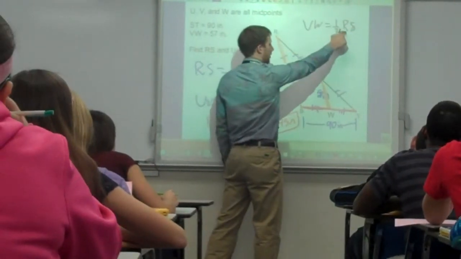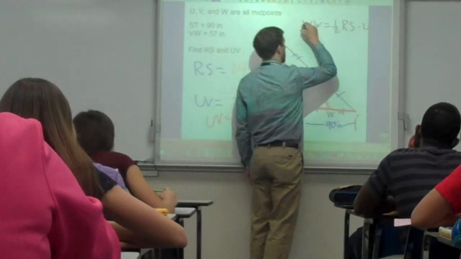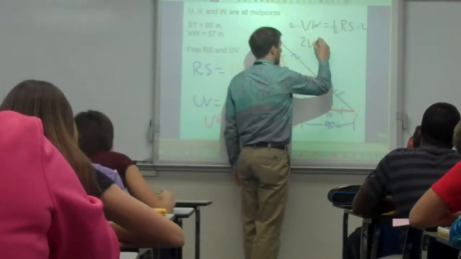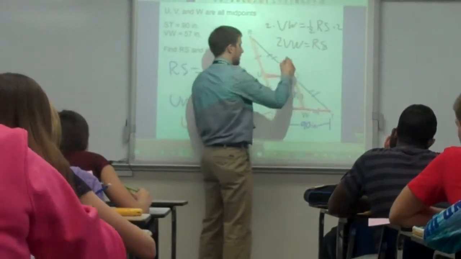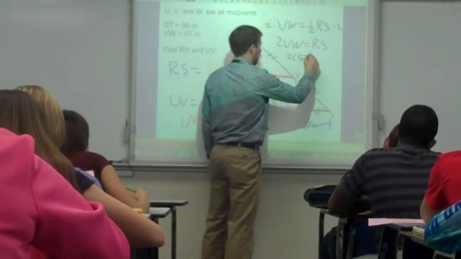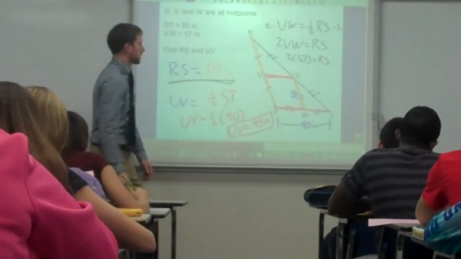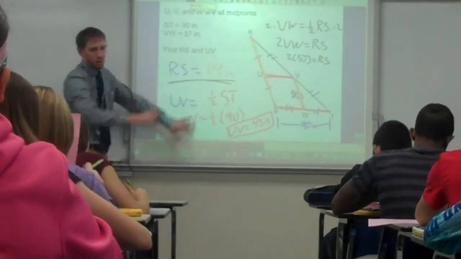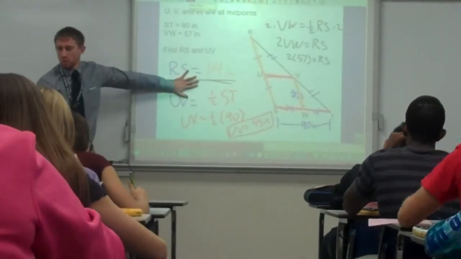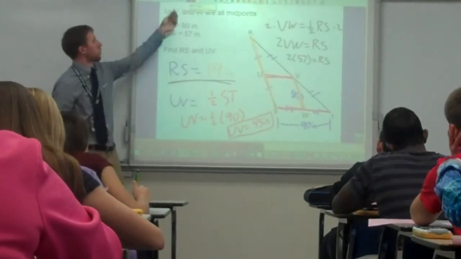Well, we already know VW, we don't know RS, so we multiply both sides by 2. We get 2VW equals RS. VW is 57. So that's how we get RS is 114 inches. Any questions on that one? No? Cool.